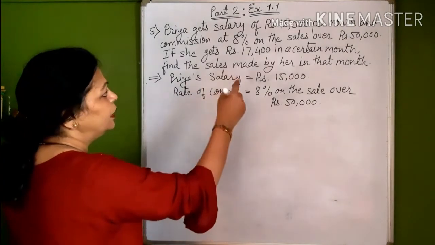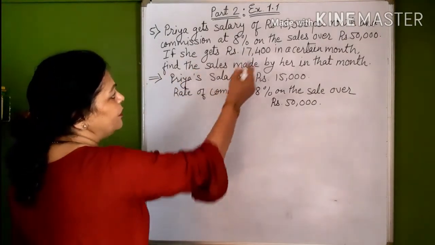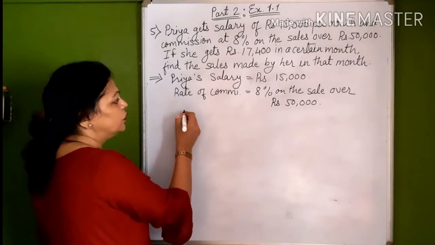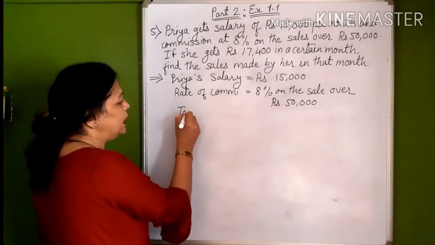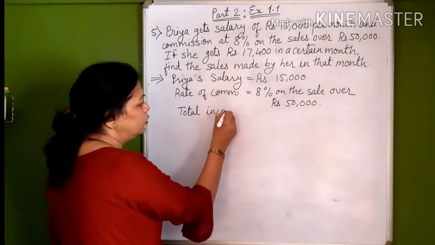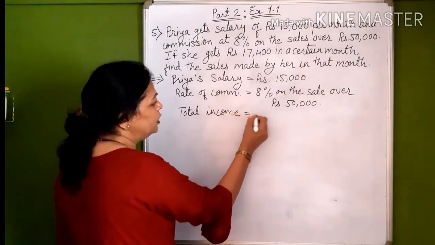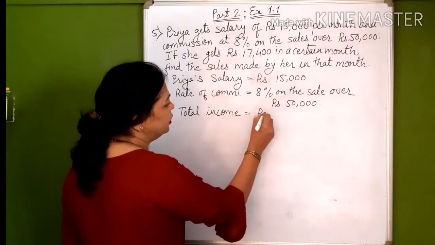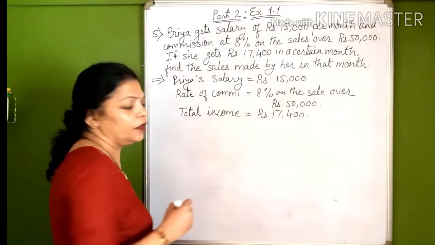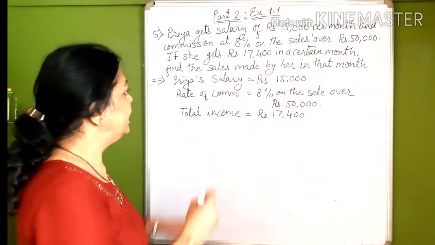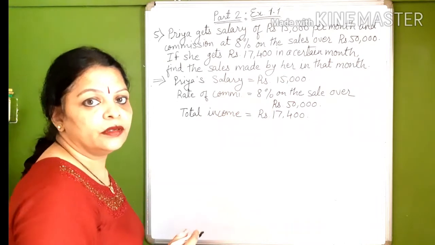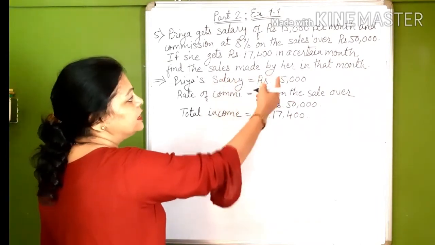And if she gets rupees 17,400 in a certain month, we can say that is the total income. Total income is equal to rupees 17,400. Now this total income will be equal to the salary plus commission. Fine. We have to calculate the sales made by her.